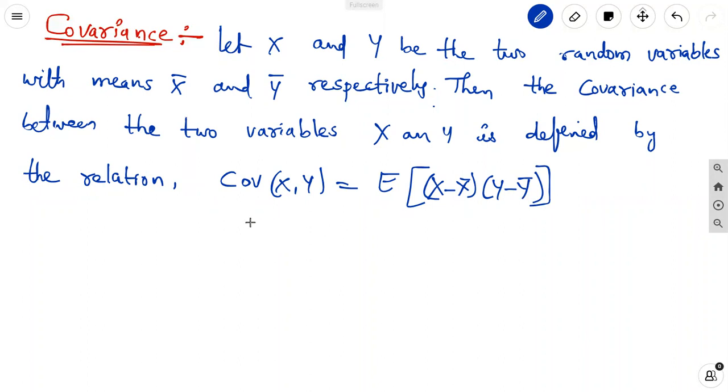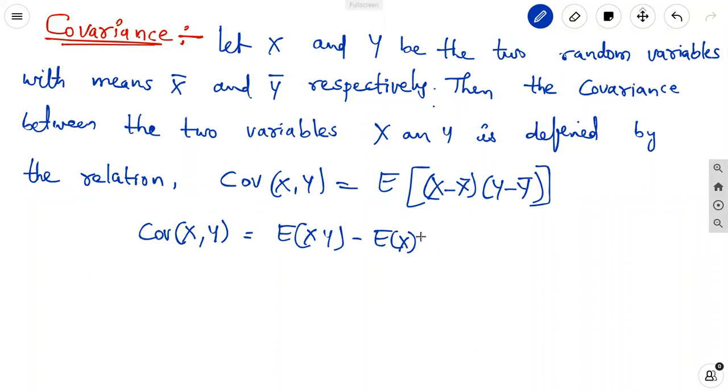And after this, covariance of X and Y is equal to expectation of XY minus expectation of X into expectation of Y, that is, X bar and Y bar are the constants here.